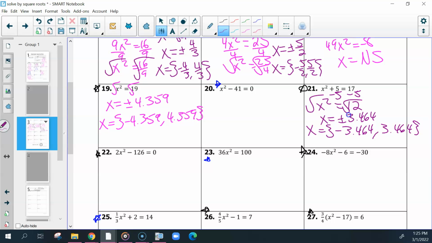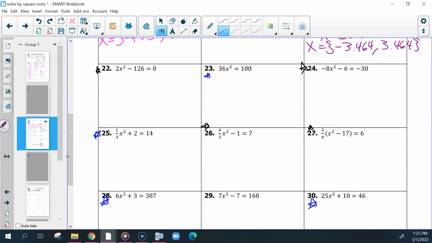Number 22. How would we solve that? Add 126 to both sides. We have 2x squared equals 126. And then divide everything by 2.